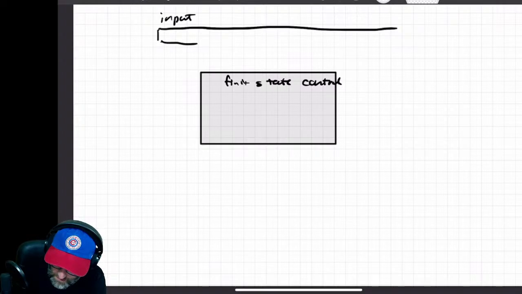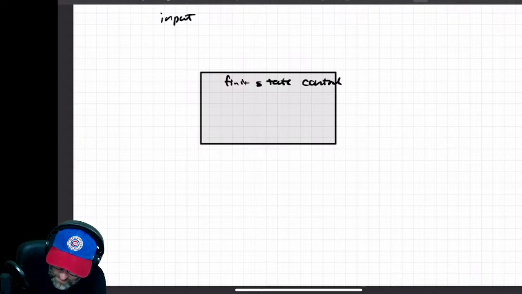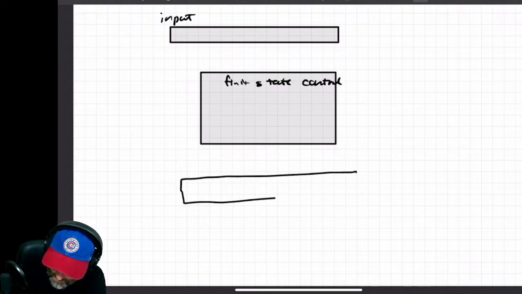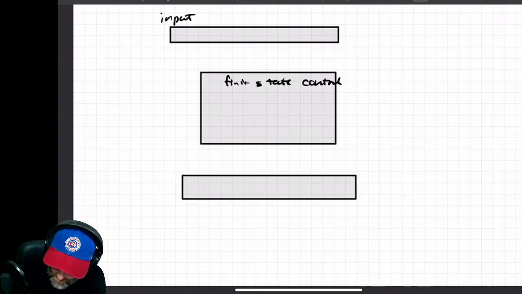And there's some output tape. I don't want to write it so that it's closed, so I'll write it like this. Okay, and then I'll have to use my eraser to do that.